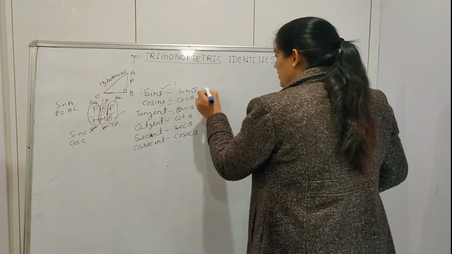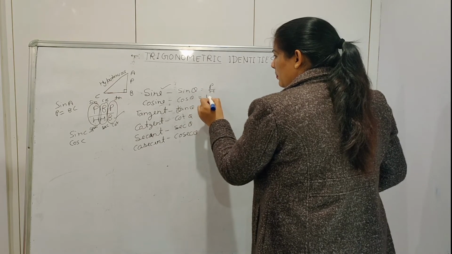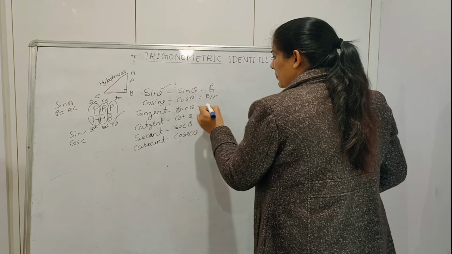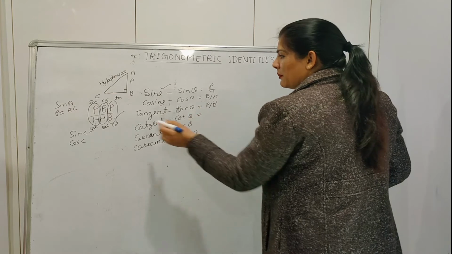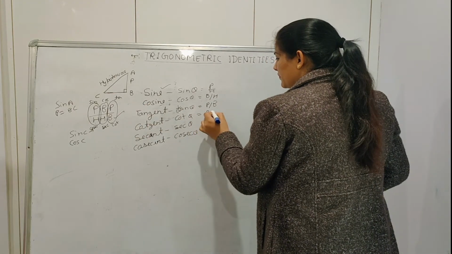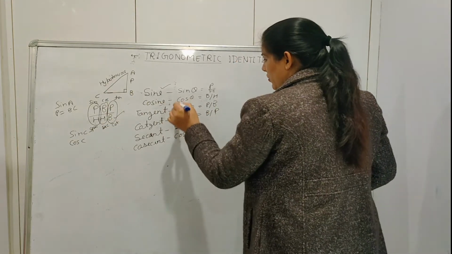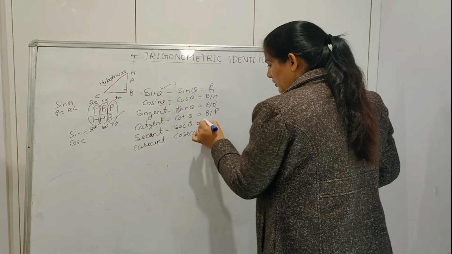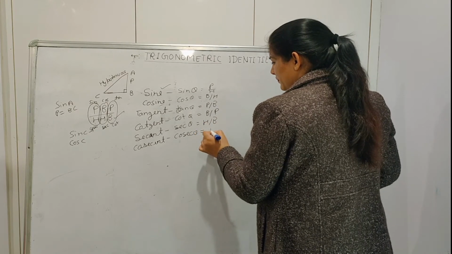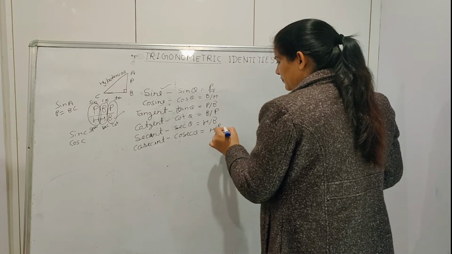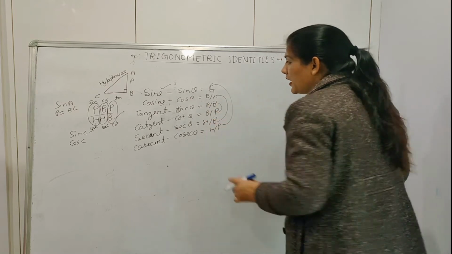And these are equals to P by H, B by H, P by B. Cot is the inverse of tan, that is B by P. And you can see here that sec is the inverse of cos, H upon B. And cosec is the inverse of sine. So from here you can see that we have three identities.